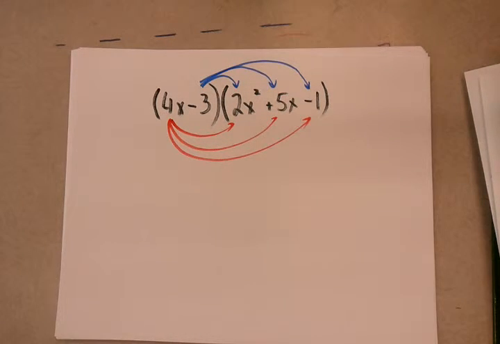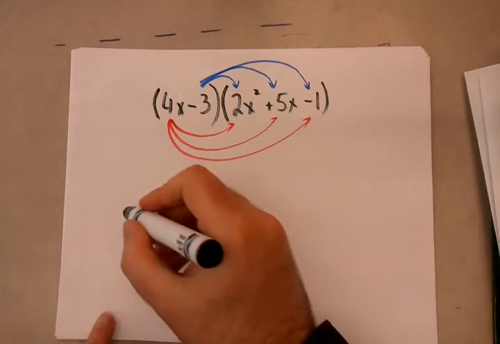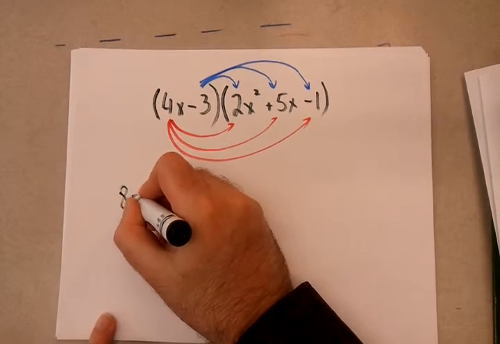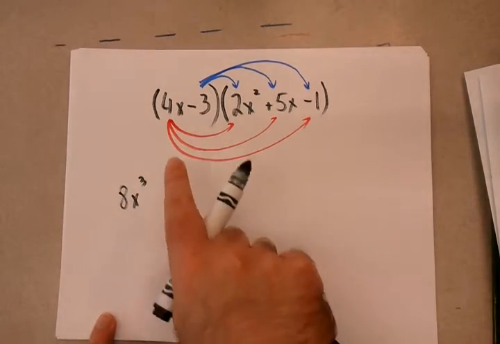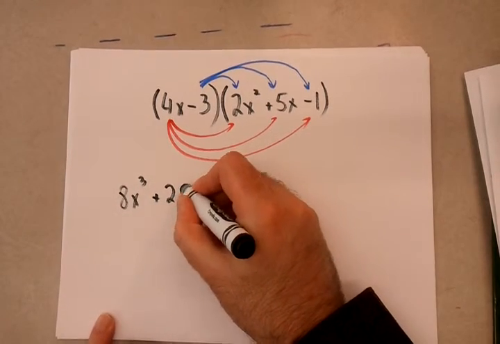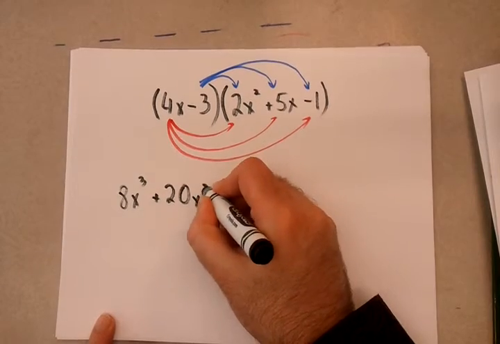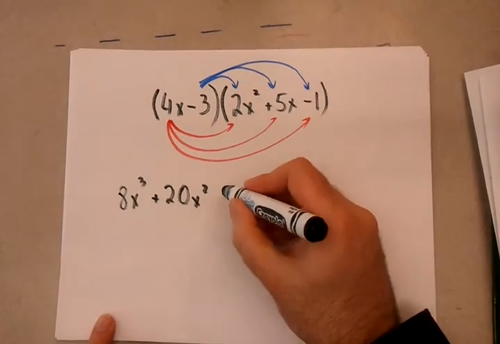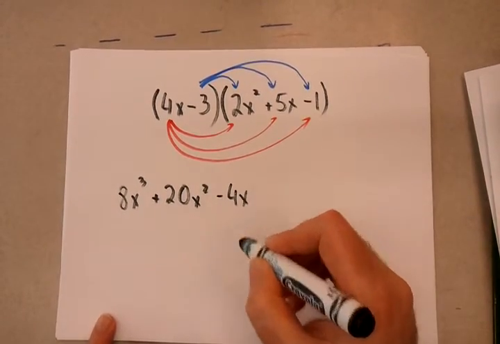And once I do this, I simply multiply across and I get 4x times 2x squared, which is 8x to the third. Then it's 4x times 5x, which is a positive 20x squared. And then 4x times a negative 1, which is a negative 4x.